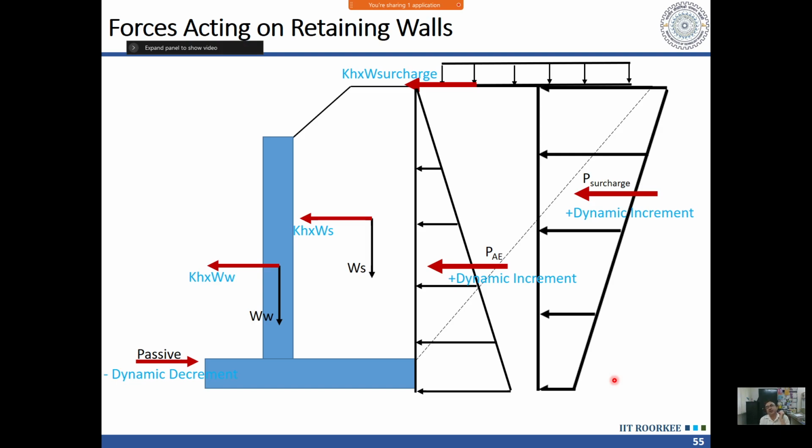And AASHTO clearly says that if we are using this method given in our code, then we should be willing to accept up to 8 inches displacement during earthquake. So if the design earthquake occurs, we are expecting about 8 inches displacement if we follow the method given in our codes, considering the inertia force and everything.